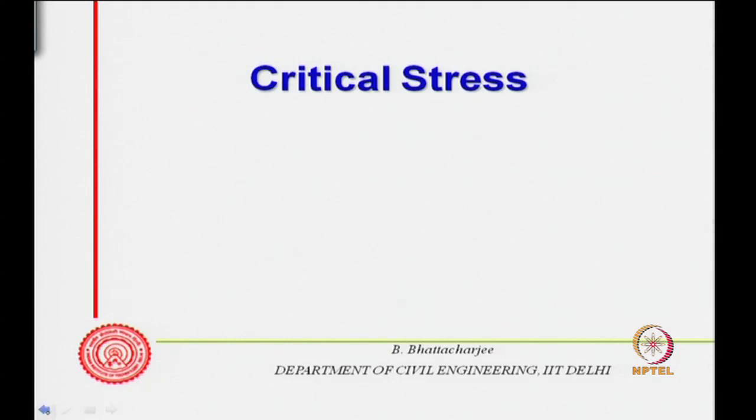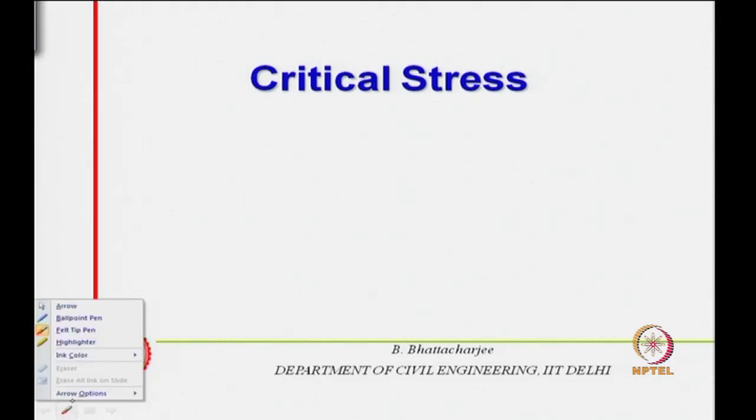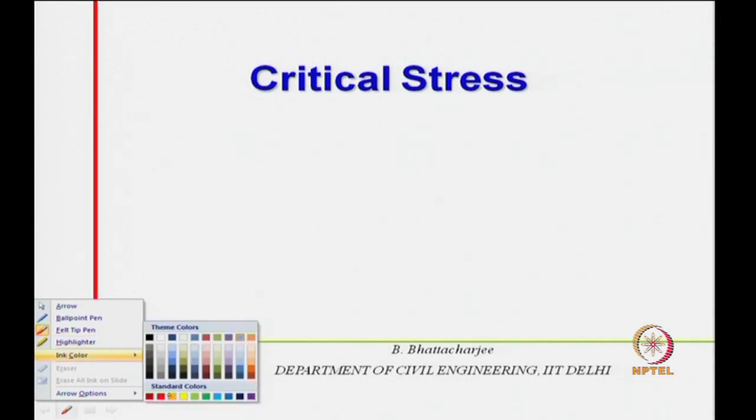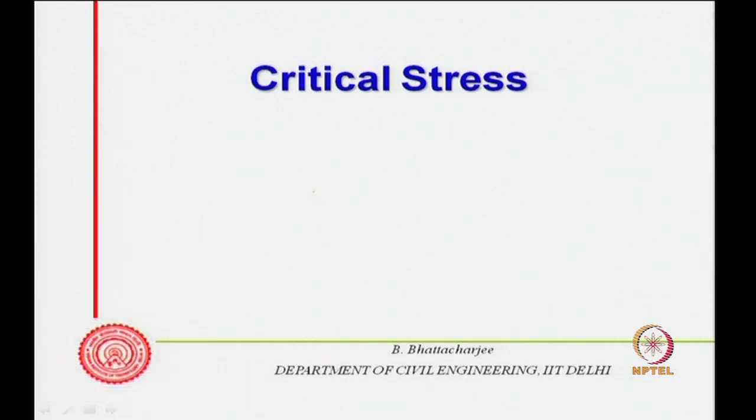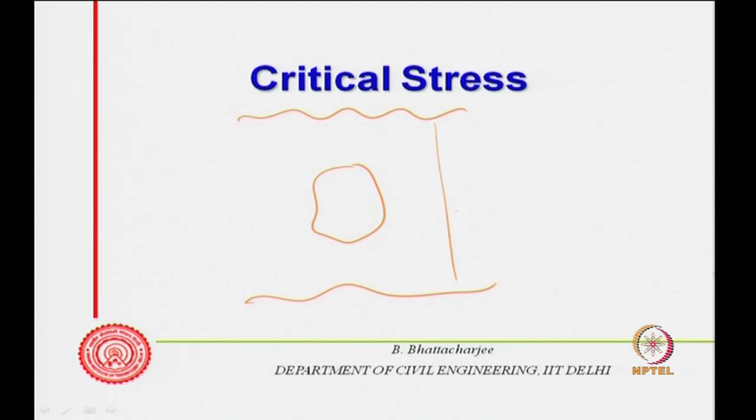Supposing I have a surface, something like this, there is a hole and this is my material, and I am pulling this material from this side, then what will happen? This crack will try to expand. Now, if this crack or this hole tries to expand, the fracture propagates along this direction, right? That means it creates new surfaces here.